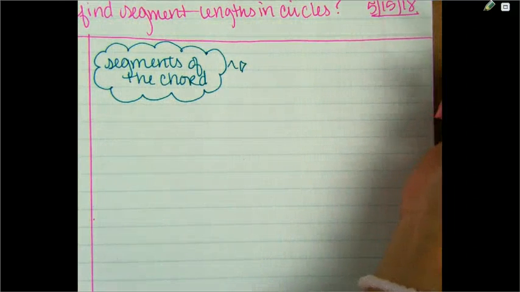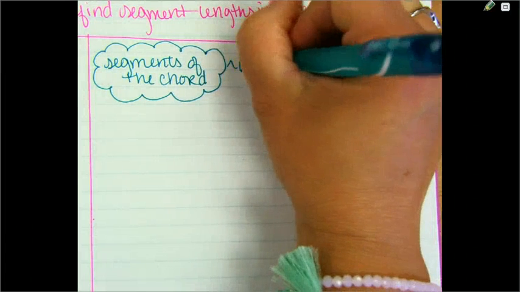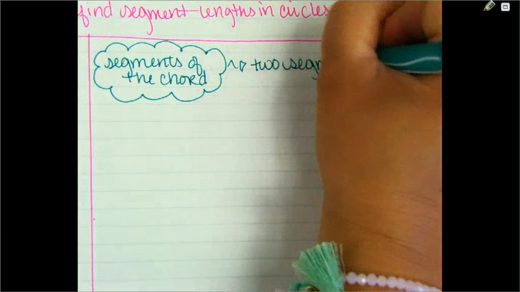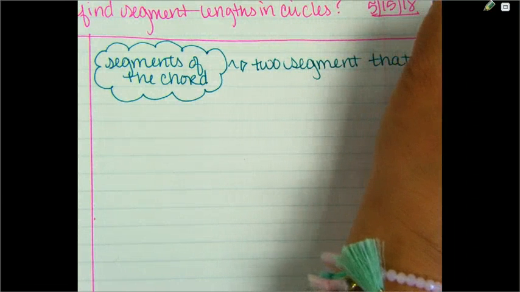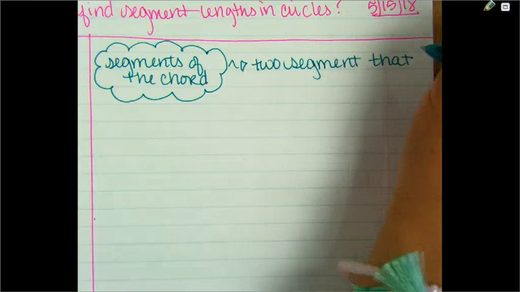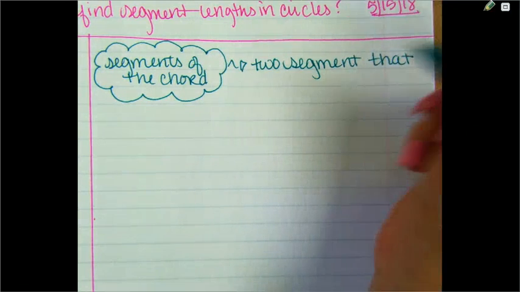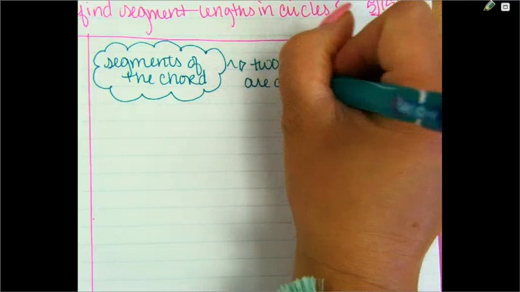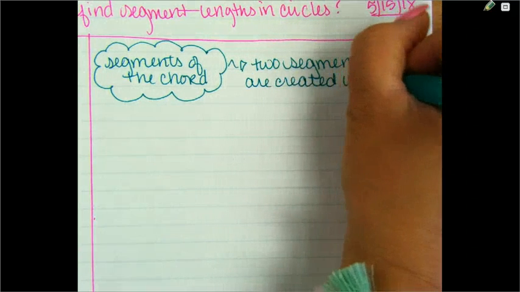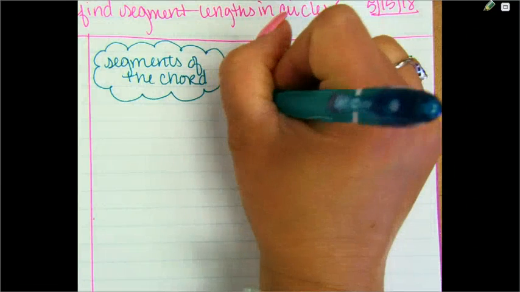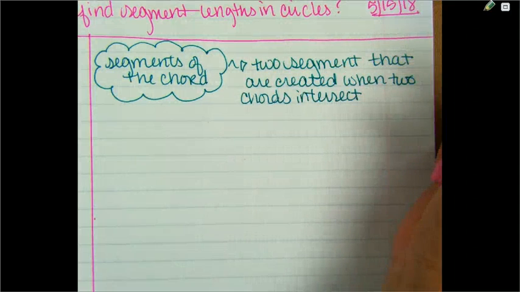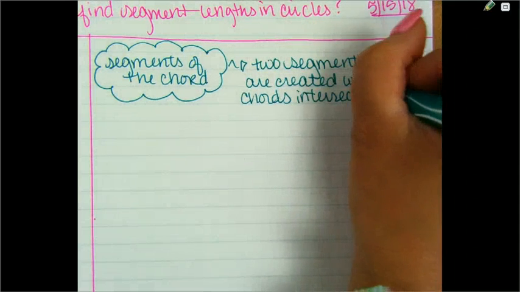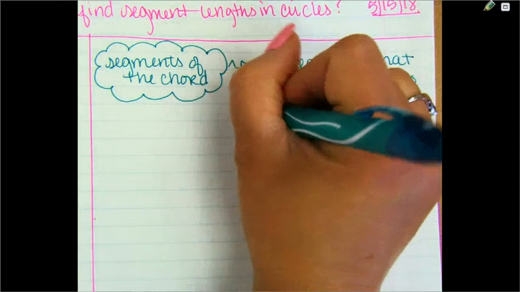What does it mean to be segments of the chord? It's when two segments that are created when two chords intersect in the interior of a circle.